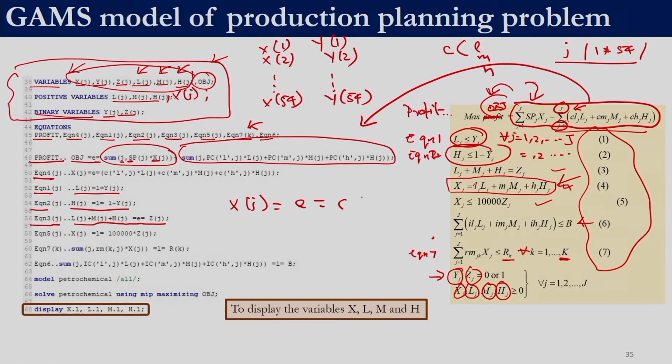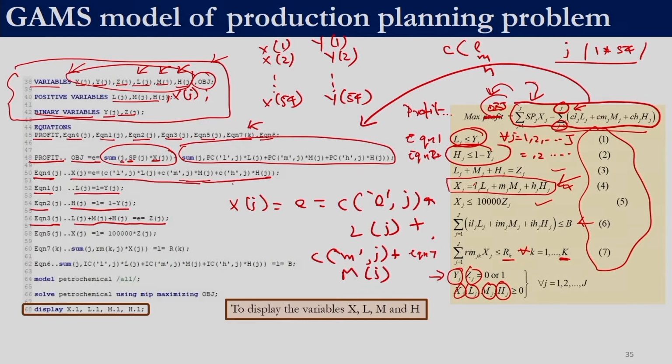So, what we do is C of 'L' within single quotes comma j times L of j, plus C of 'M' comma j times M of j, and similarly we write for the last term also, right. So, this equation is similar to how we constructed the second part of the objective function.